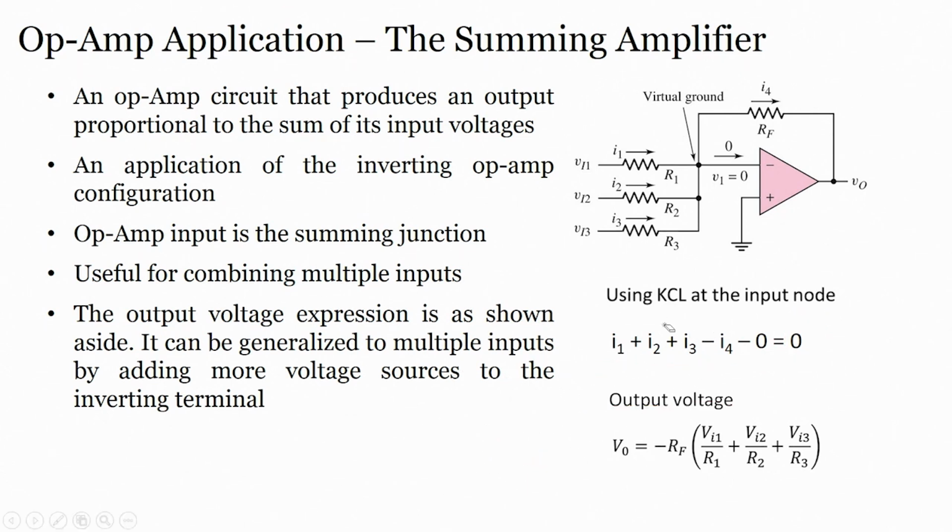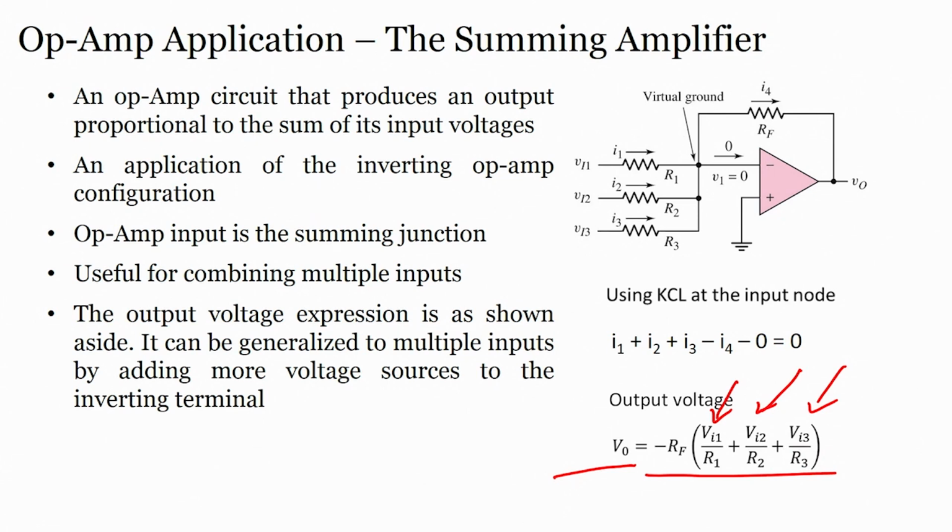Using Ohm's law, instead of I1 we can write V1 by R1, I2 is V2 by R2, I3 is V3 by R3. So the output voltage will be Vo equals minus Rf times the sum of V1 by R1, V2 by R2, and V3 by R3.